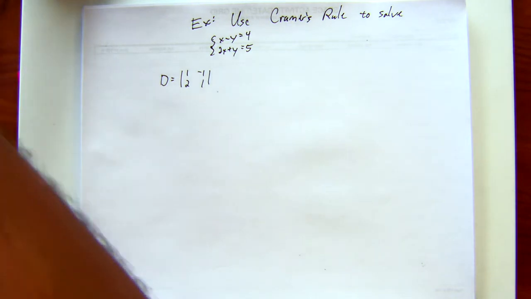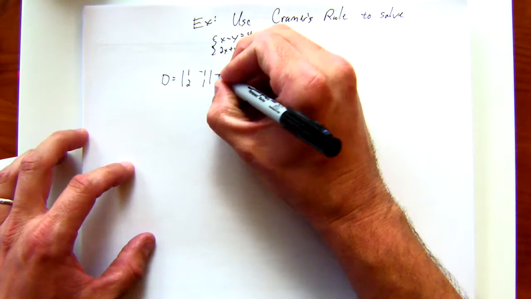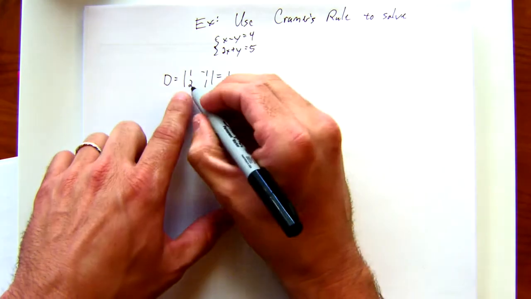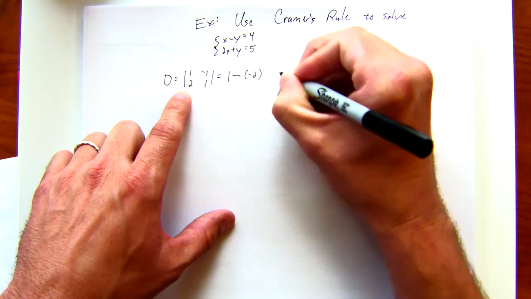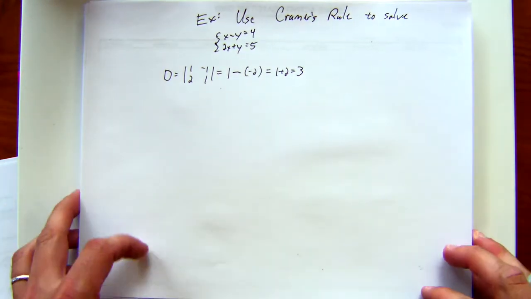Calculate that out. So 1 times 1 is 1, minus a 2 times a -1 is a -2. This is equal to 1 plus 2, which is 3. Everybody get that?